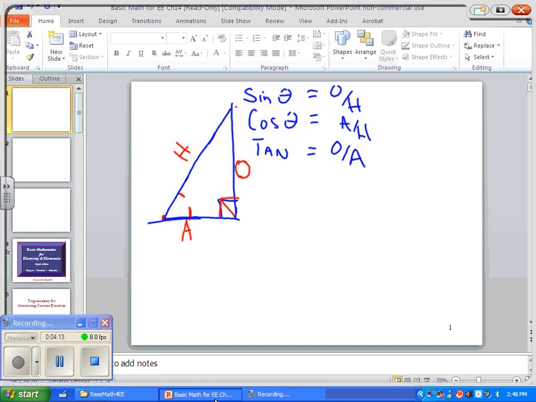Like in AC theory, the class next semester, the side adjacent in a resistance triangle is always the true DC resistance, which you guys know really well. But this opposite side is always the X sub L. Not the X sub C, but the X sub L.